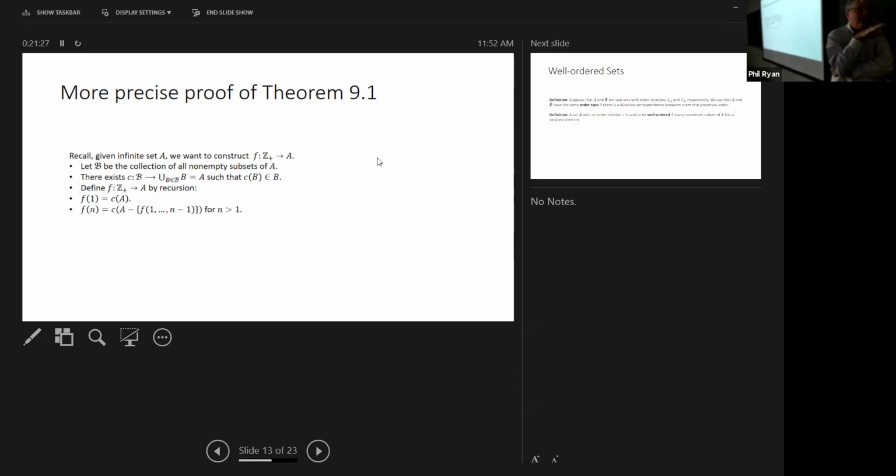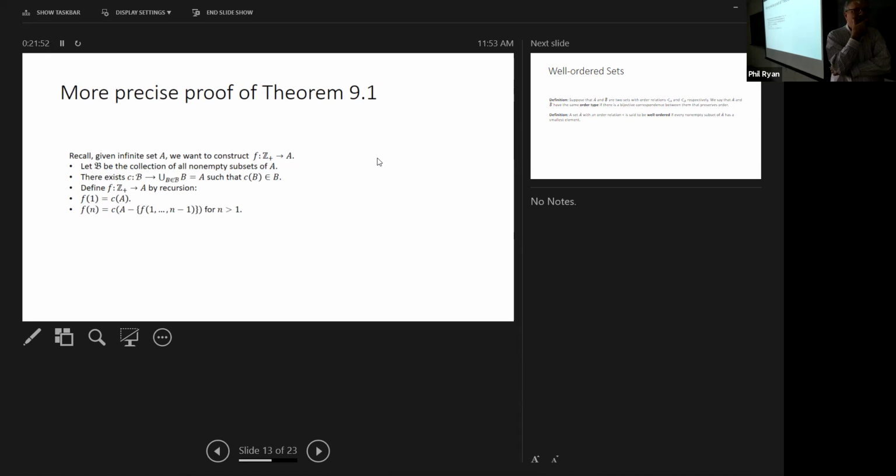People have no problems with choosing from a finite or a countable set. It's when you get to uncountable sets that you can get some interesting paradoxical looking results. We're really not going to worry about those results.